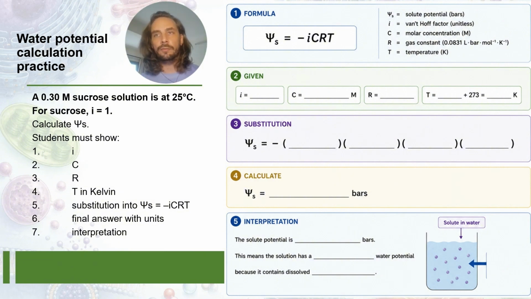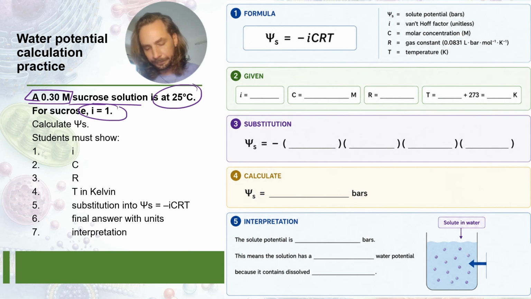Let's do this worked example together. I have a 0.3 molar sucrose solution at 25 degrees. They will give you the ionization constant, which is 1.